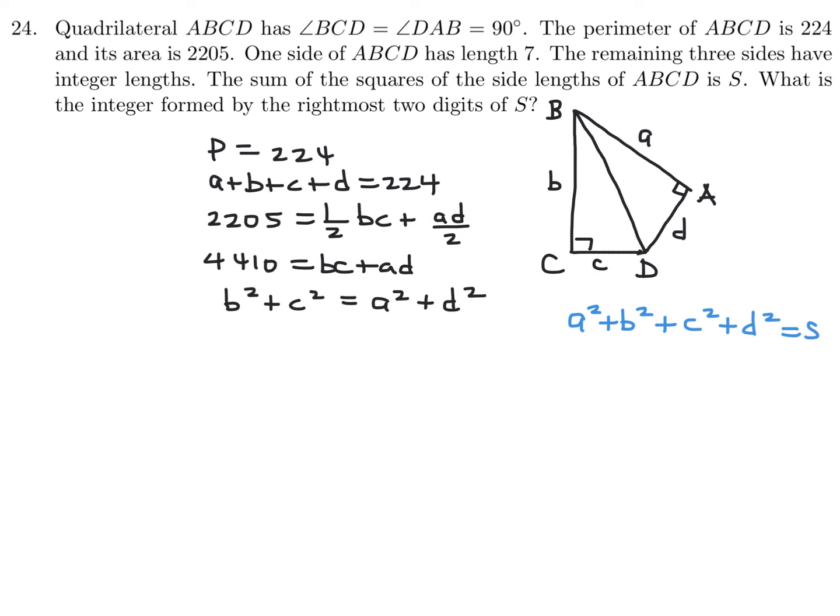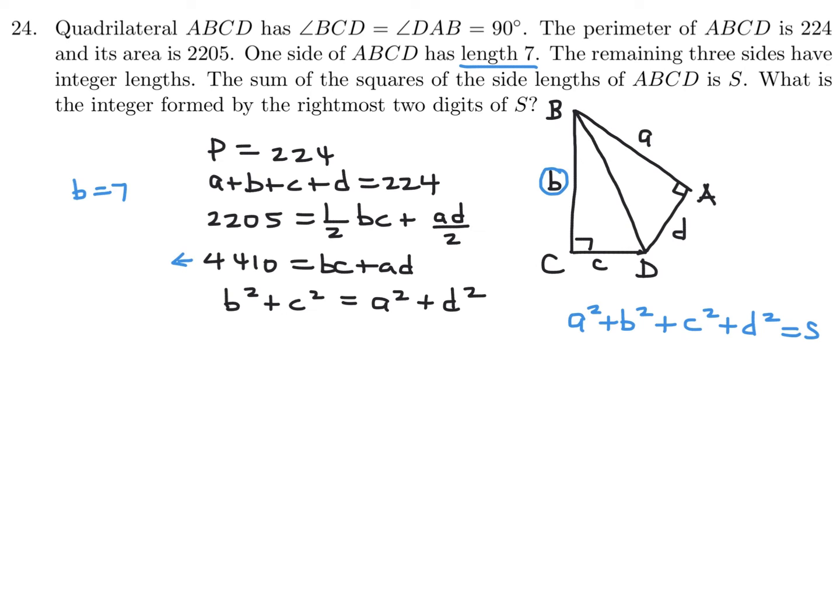Okay, so where do I go from here? Well, I think there's only one piece of information I haven't put in yet, and that's that one side is 7. I don't think it really matters which one, since they don't specify. Let's just say b is 7. As b is 7, I'll put that in everywhere I can.